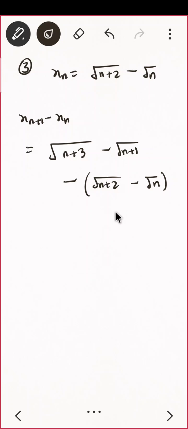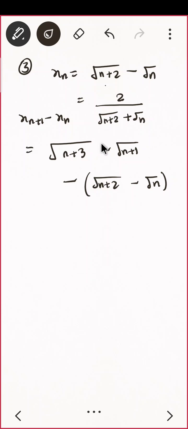ठीक है, what else? It is better to solve this actually. Whenever you see a square root, it is better to rationalize, correct? If you rationalize it, in the denominator you will be having root of n plus 2 plus root n, and in the numerator you will be having only 2, I think.